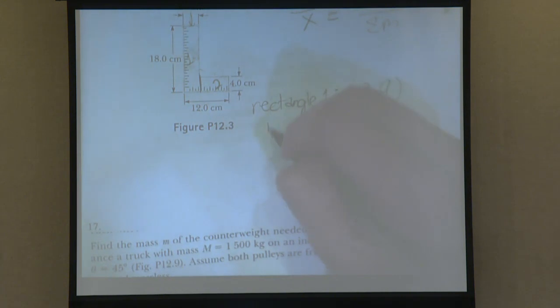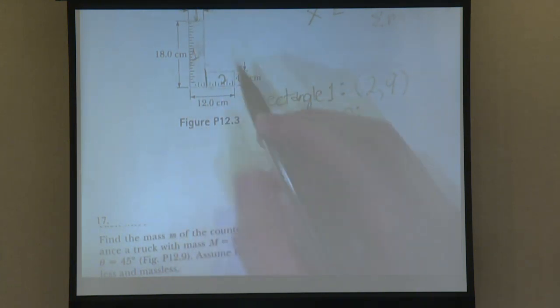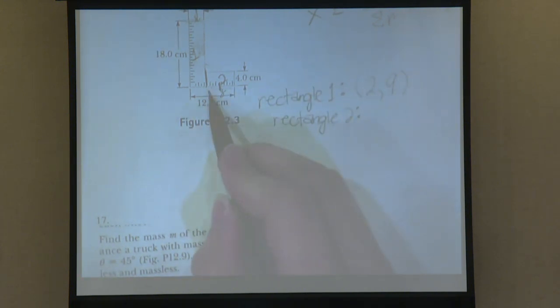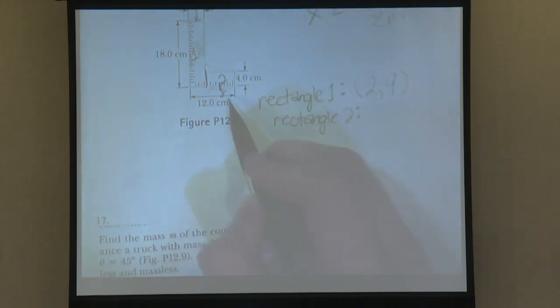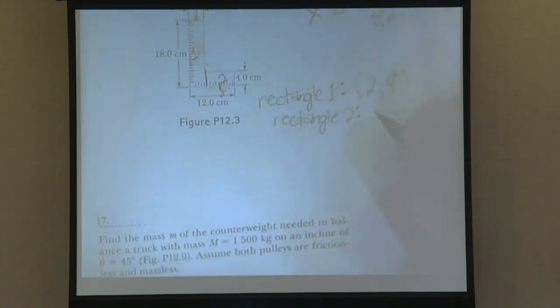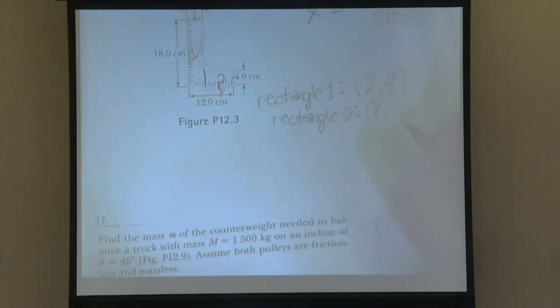And then for rectangle 2, the center of this rectangle for x is going to be in the middle of here, so it would be right here at 8, because this part is 8 centimeters long, and we have to subtract this 4 because it's not part of the rectangle, so it's going to be 8, and then our height is going to be 2.